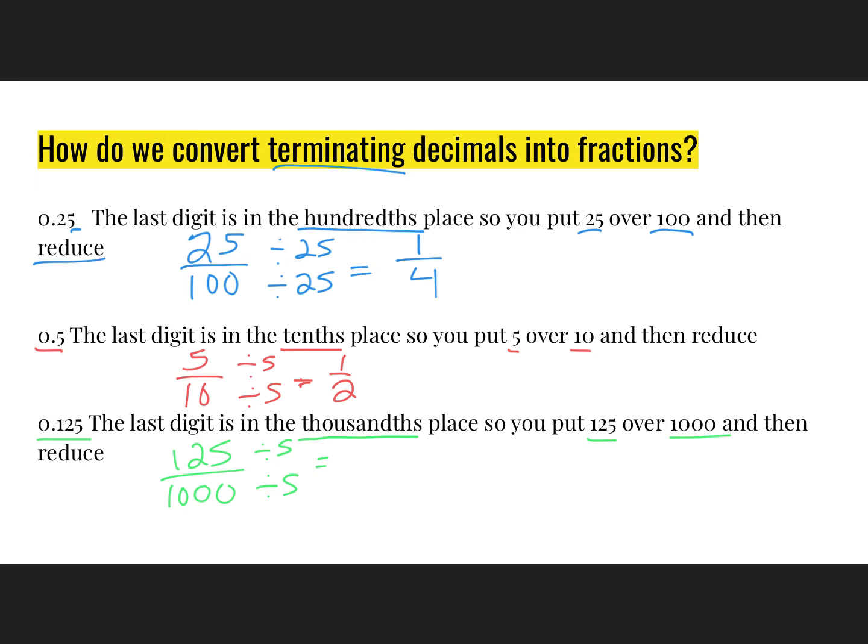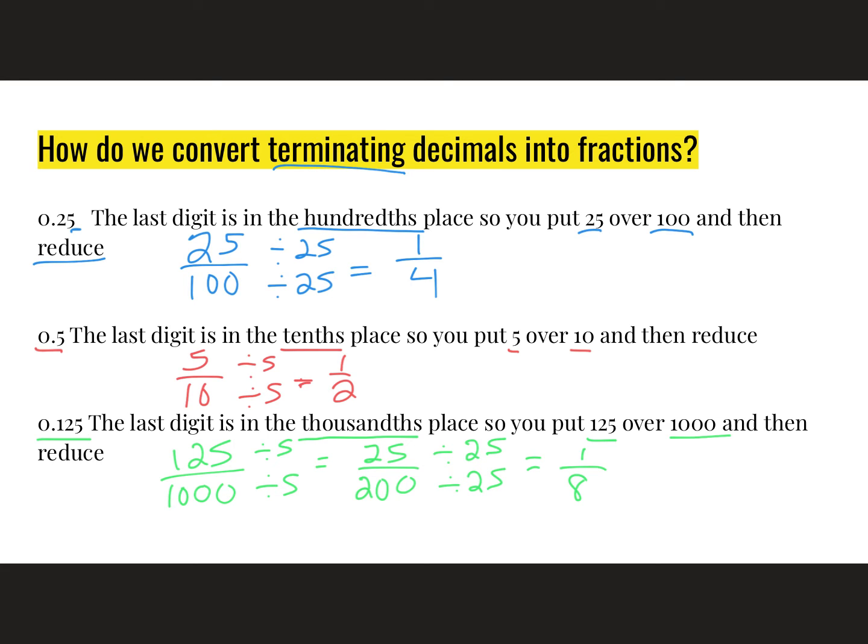So 125 divided by 5 is going to be 25, and the 1,000 divided by 5 is 200. Okay, and obviously those still both divide by 25. So when I divide those both by 25, I get 1 over 8.